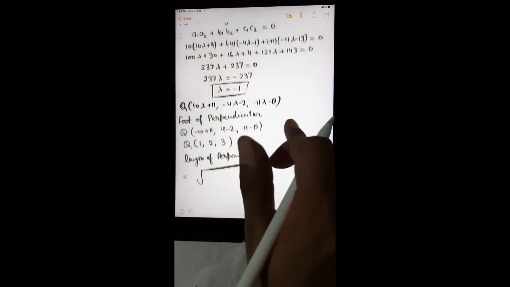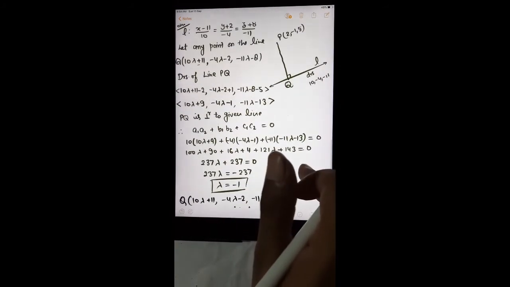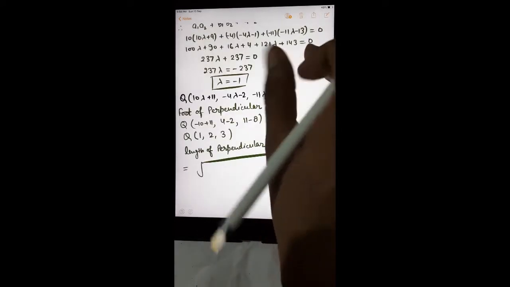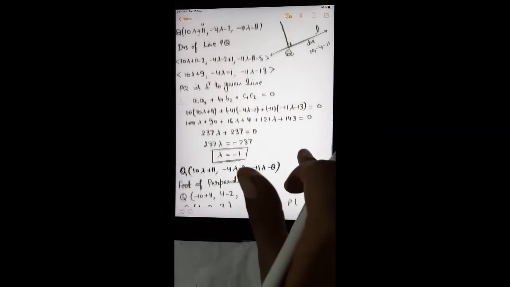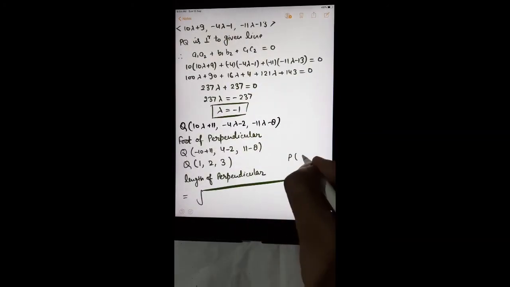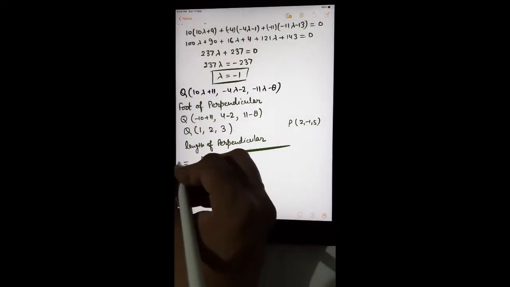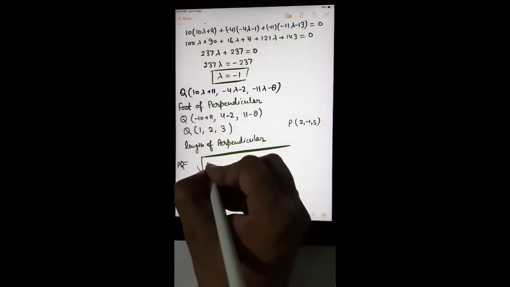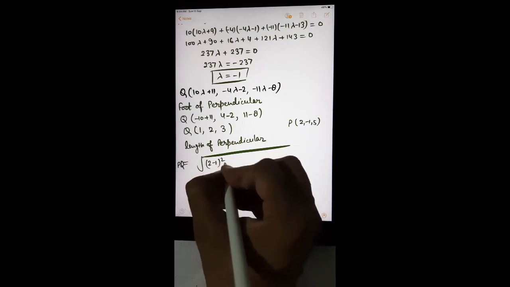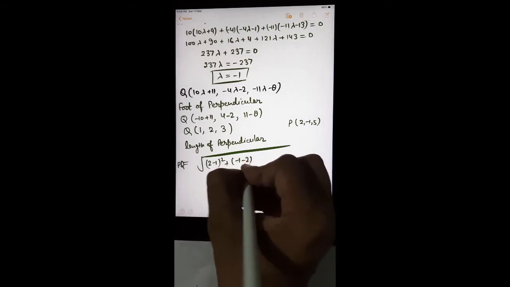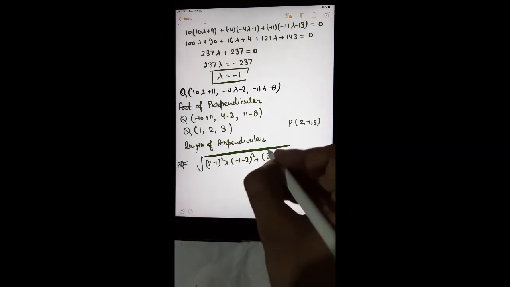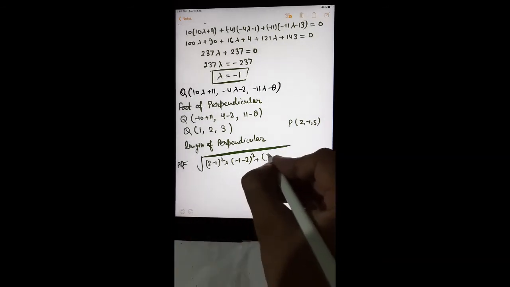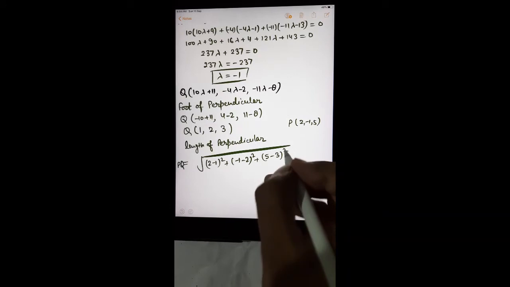So the point Q is 1, 2, 3 and point P was 2, minus 1 and 5. So the distance PQ will be 2 minus 1 whole square plus minus 1 minus 2 whole square plus 5 minus 3 whole square.